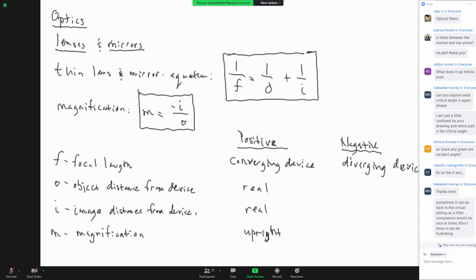It's negative when you have a virtual image. Negative for the image, an object, or a virtual image. And if magnification is negative, it is an inverted image.